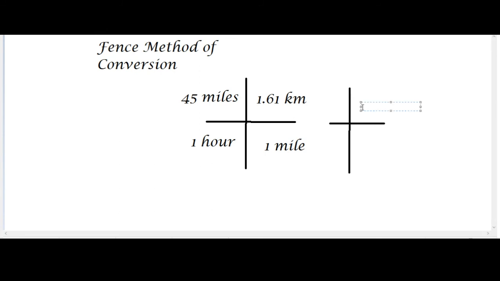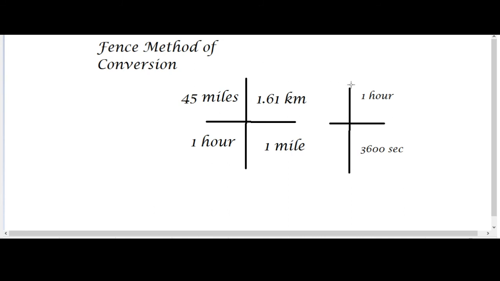In 1 hour, there are 3,600 seconds. So now we can have this in kilometers per second with our wonderful math of going across.